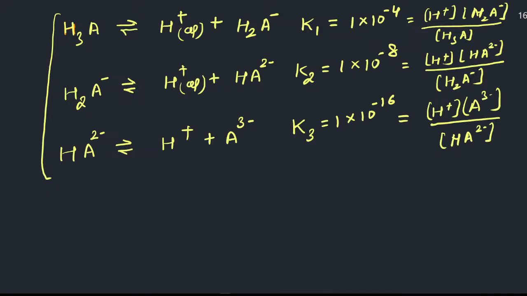Beta, only K1. Why is it so? Because in K1 the value is only 10 raised to power minus 4, but in other cases it is 10 raised to power minus 8, then 10 raised to power minus 16. That is very, very less.